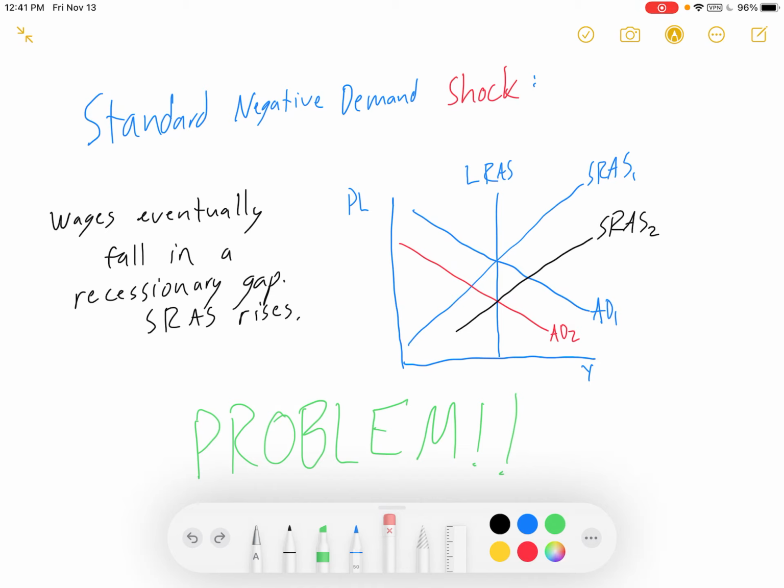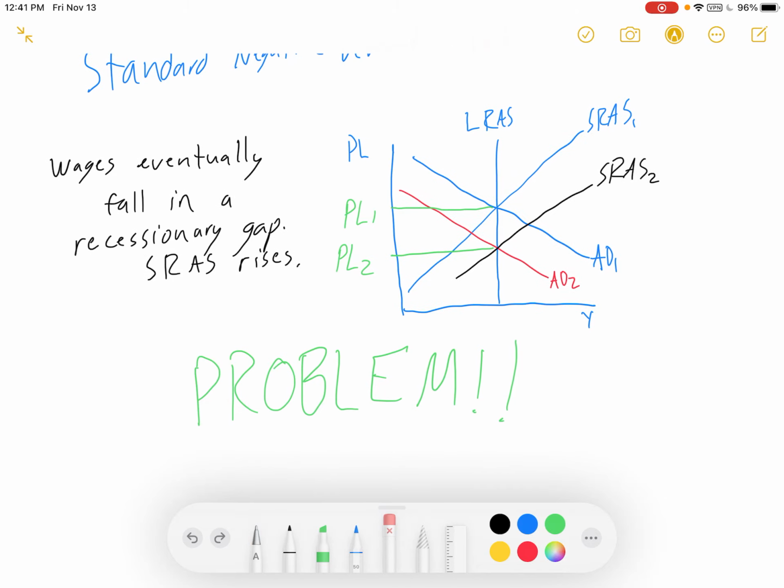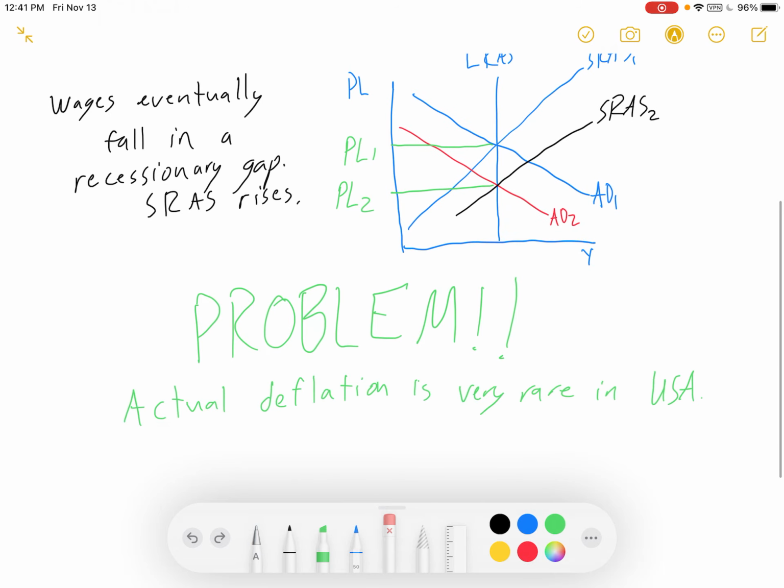Now, there's a problem with it, a big one, which is that this model is predicting for us that the price level is going to fall every time we have a recession, or at least every time we have a negative demand shock. And in the United States, though, deflation is pretty rare.